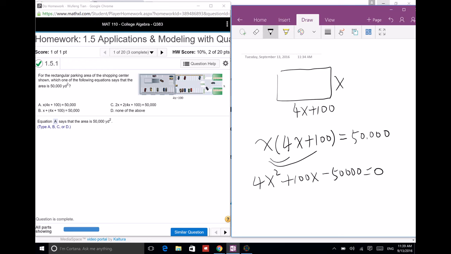I want to give you one more step: you divide everything by 4. You can have x squared plus 25x minus 12,500 equals 0. I think the first one does not require you to do that, but that's the first question.